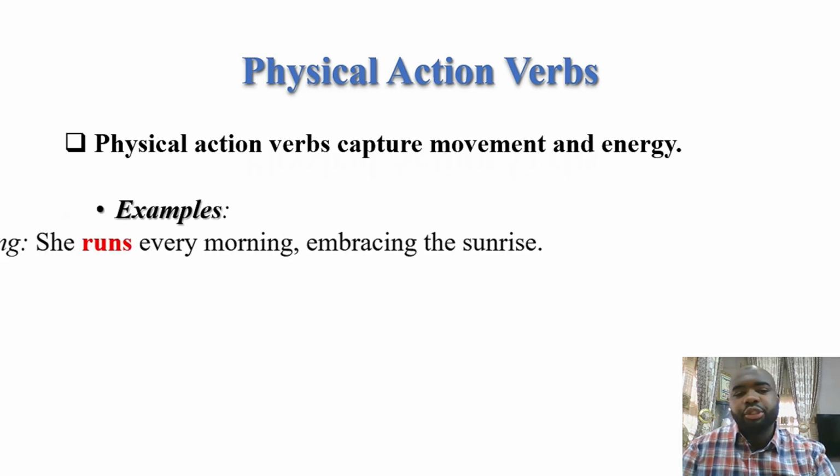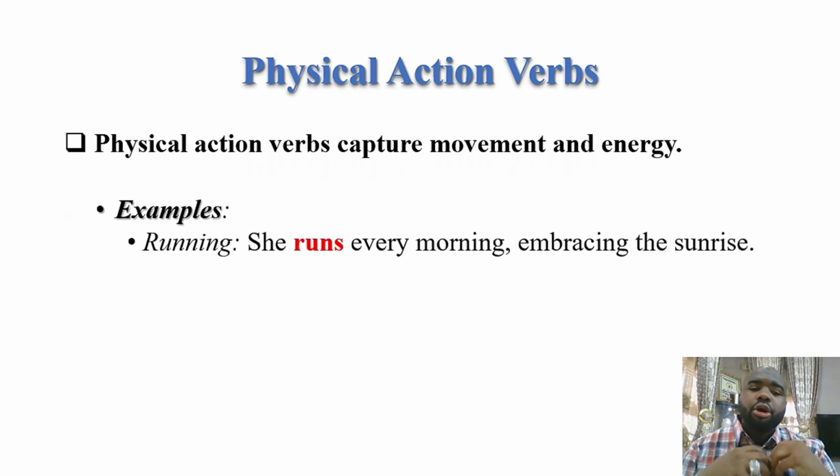So examples like running, right? When we have the example run, she runs every morning, embracing the sunrise. Runs here signifies action, the act of running, doing. You're doing something that can be seen, all right?